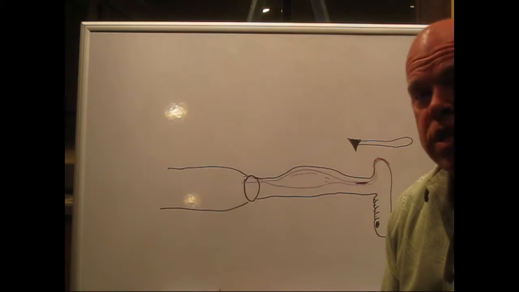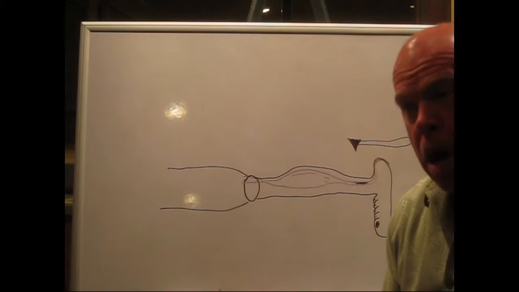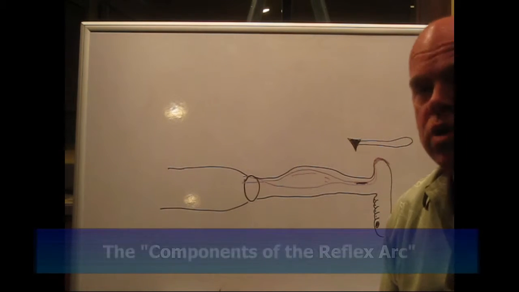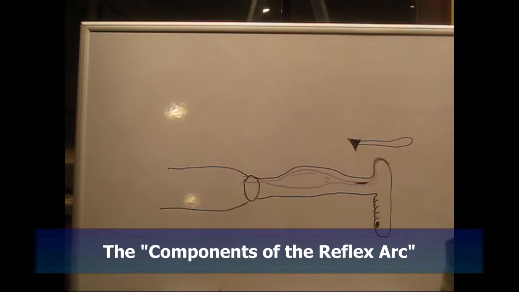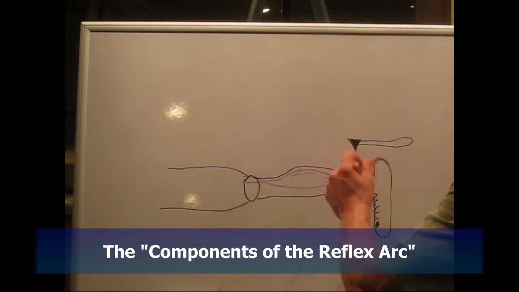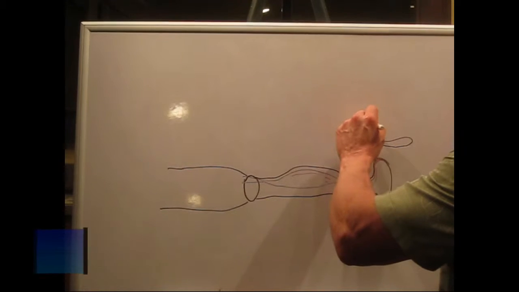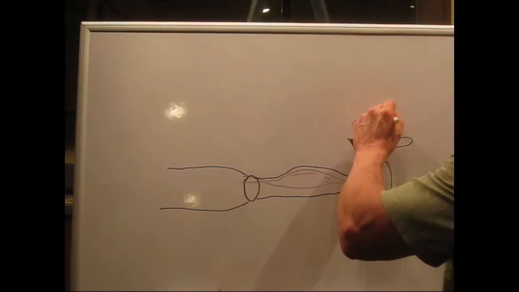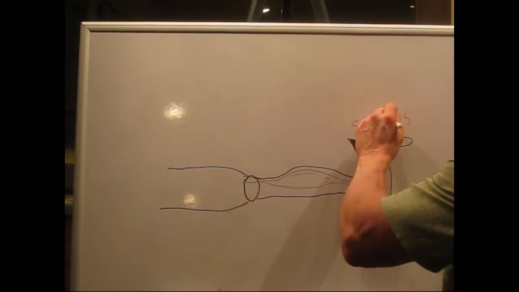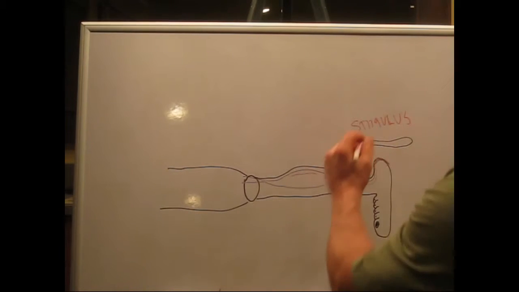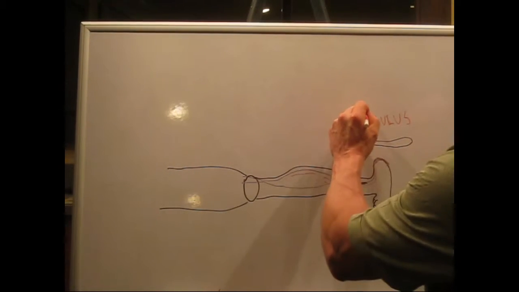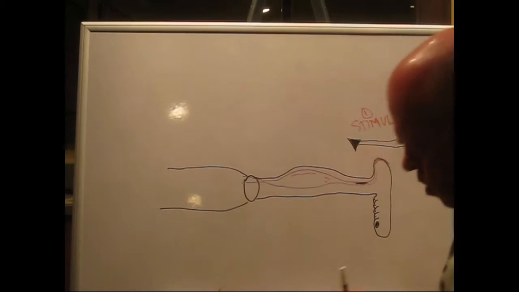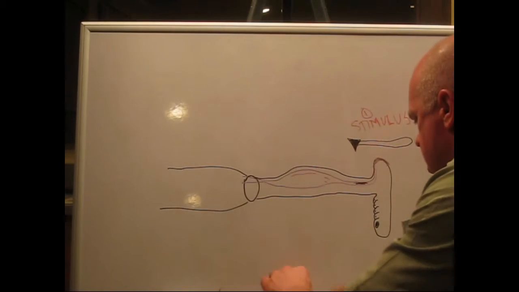Okay? So let's talk first about the components of a reflex arc. Now the first component of a reflex arc involves the stimulus. So here we have our hammer. Our hammer is going to serve as the stimulus to initiate the reflex arc. Okay, so that's the first component of a reflex arc.